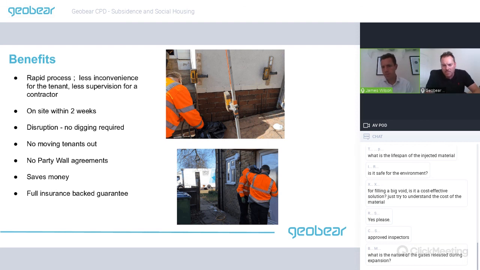We've got a SHEQ department that has the technical specification of the materials. If there was any toxicity to it, we wouldn't be using it to the extent we are. So, Richard, look out for my email afterwards if you want to reply to me, and then we can discuss that. I think that's about it, James.